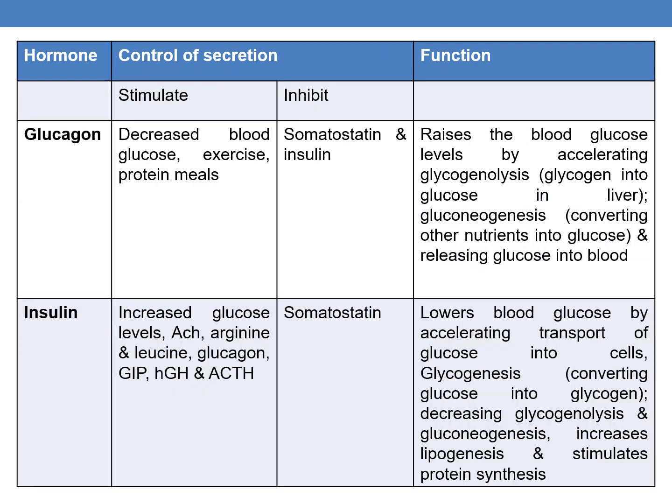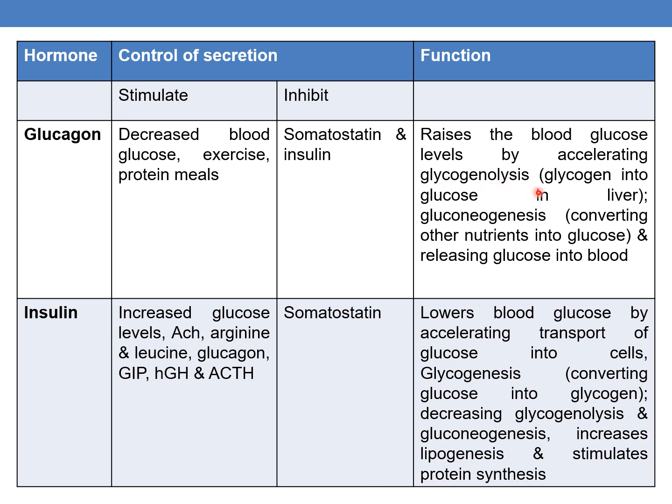Coming to the next hormone, that is glucagon. The synthesis of glucagon is stimulated by decreased blood glucose level, exercise and protein meal, whereas it is inhibited by somatostatin and insulin. And the major function of glucagon is to raise the blood glucose levels by accelerating glycogenolysis and gluconeogenesis.